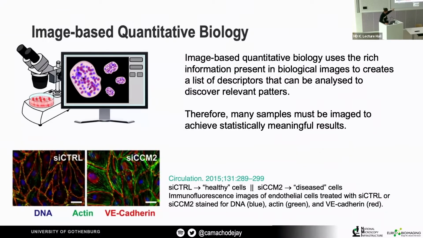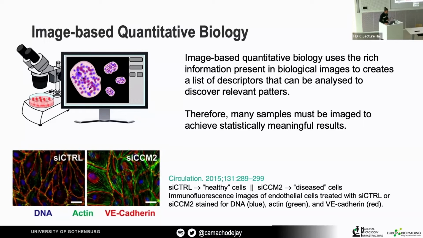For example, I show at the bottom a paper from 2015 where they managed to create a model for a healthy cell line versus a diseased cell line. When you use stainings, which are not necessarily even specific to a particular target, because they didn't know what was going to happen, we would immediately see the difference, right? Because we see those differences by eye, we should be able to calculate descriptors from those images, which will then allow us to achieve meaningful results in a cohort of images.